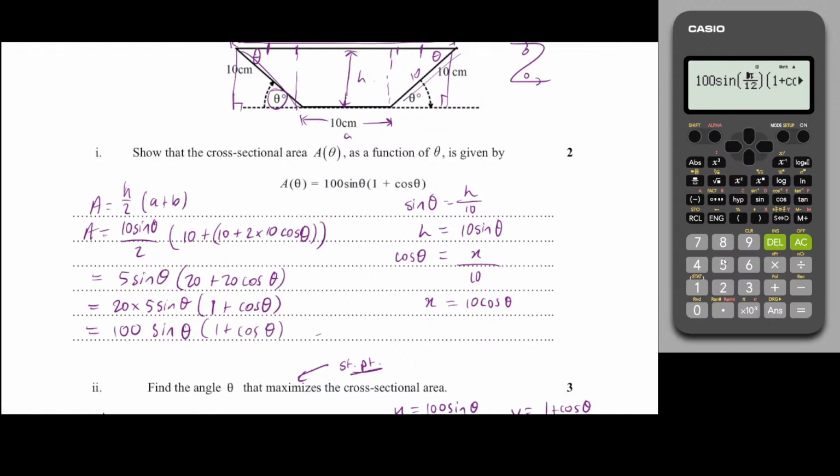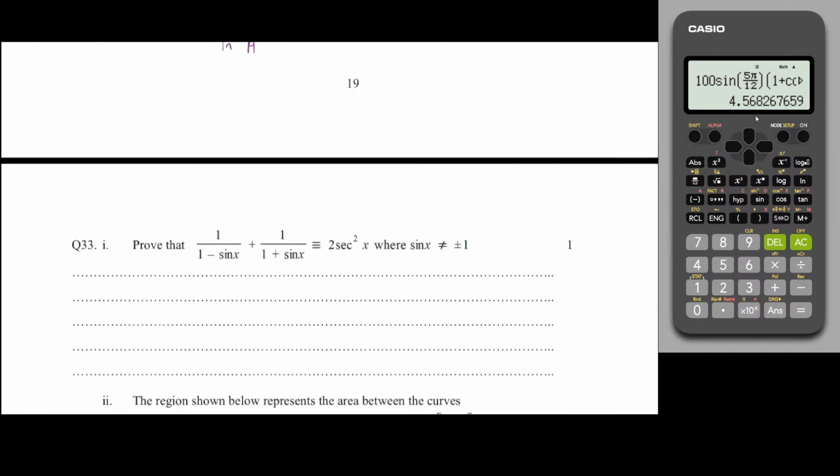If I change this to a 5, and change this to a 5, it gives me a minimum. I give up. I actually give up with this one. I don't know. Let's ignore it. Move on.